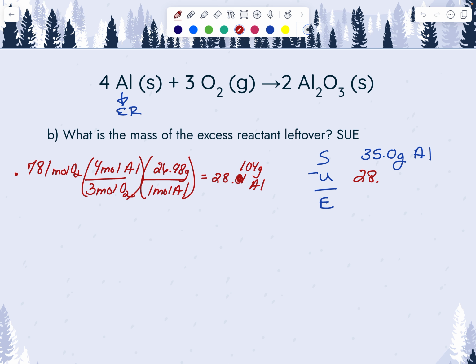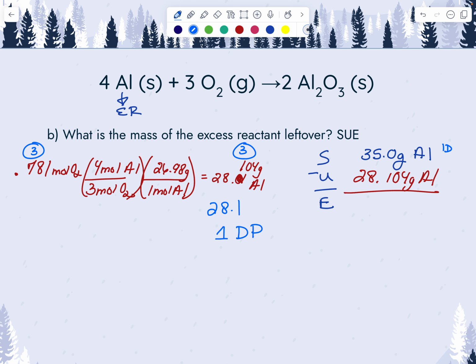Okay, 28.104 grams of aluminum used. Look at significant figures, right? 25.0 is what I used. So that's 25.0 grams of oxygen, which has 3 significant figures. So this number should be rounded to 3 significant figures, which would be 28.1, which has 1 decimal place.